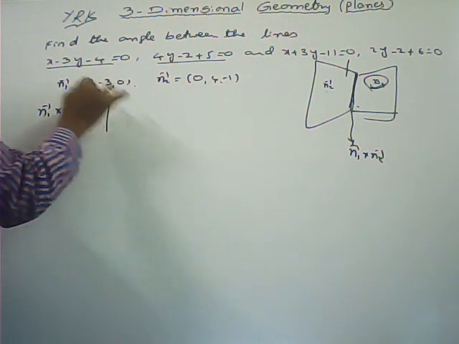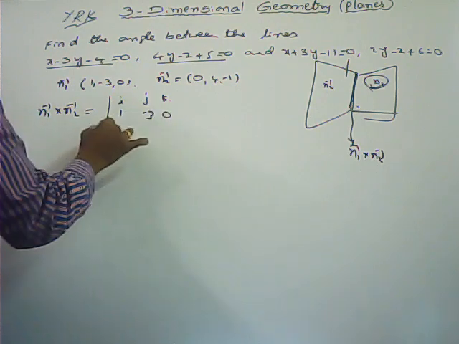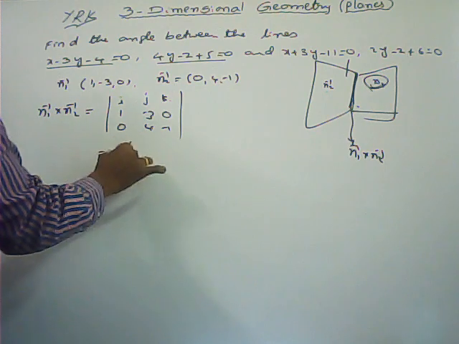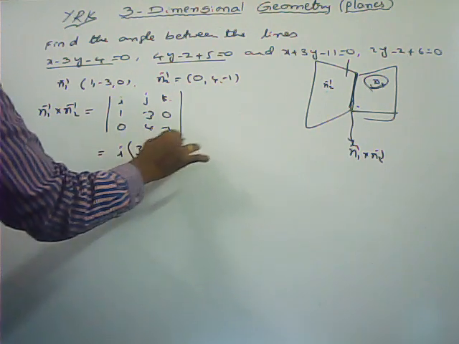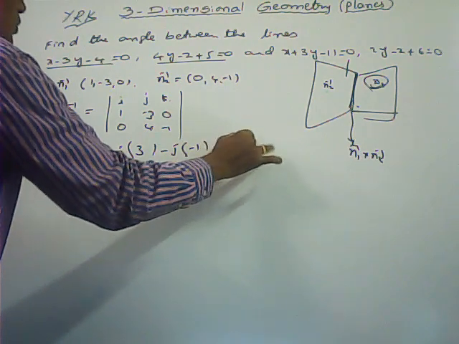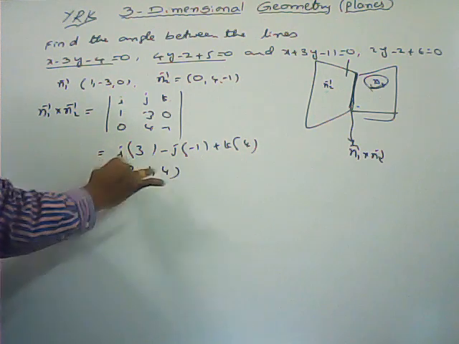It is the determinant of i, j, k; 1, minus 3, 0; 0, 4, minus 1. That is equal to i into 3 minus j into minus 1 plus k into 4. So we got 3, 1, 4.